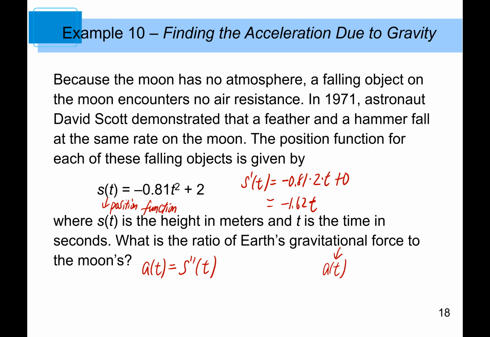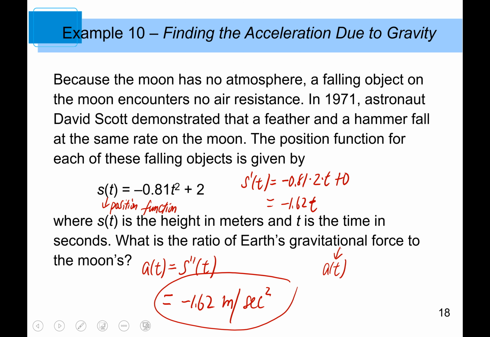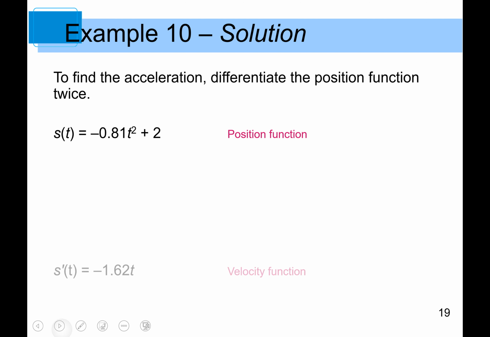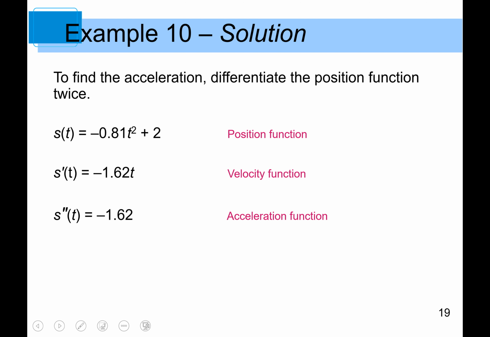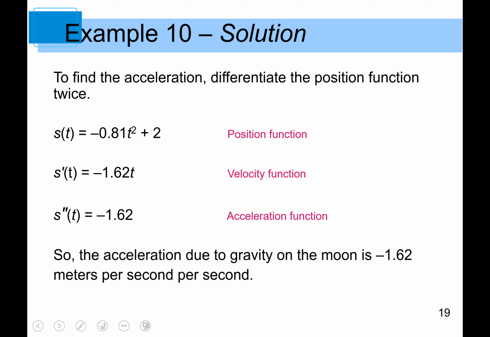Then s double prime of t will be negative 1.62, and this is meters per second squared. So that's our gravitational acceleration on the moon. The acceleration due to gravity on the moon is negative 1.62 meters per second squared.